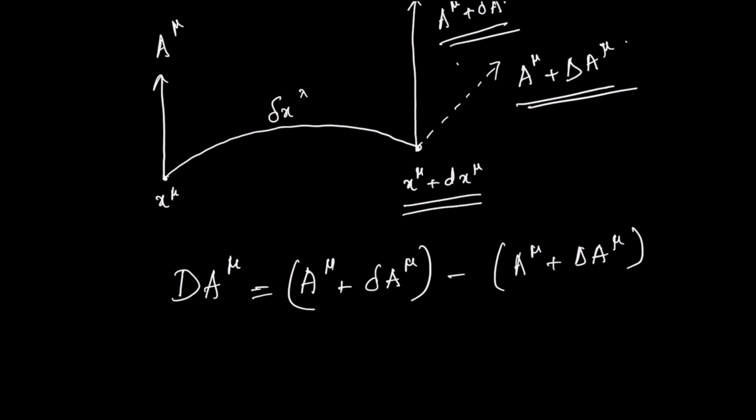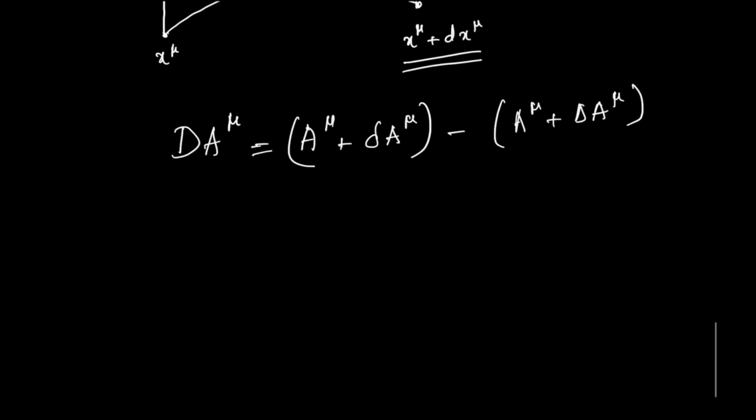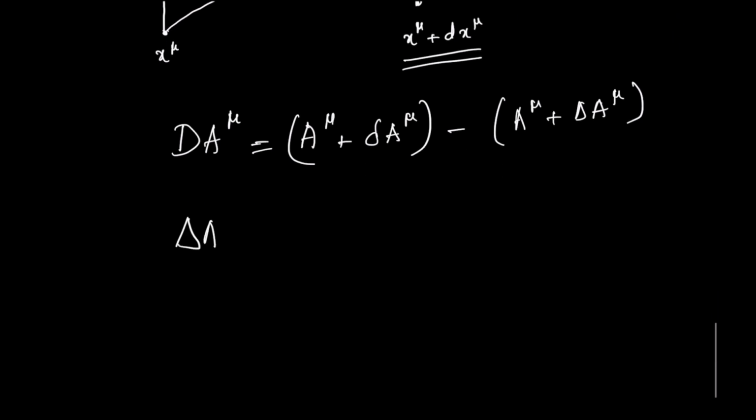Now, the change in the component of A mu depends upon some factors. This delta A mu is the change in the component of A mu. It depends, first, upon how long it has traveled during the parallel transport.